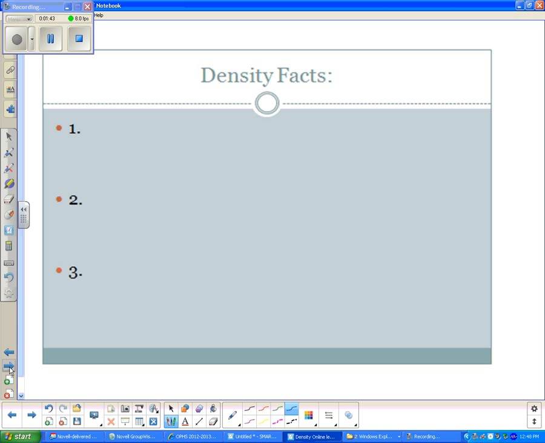A few things you'll want to know about density, or some density facts. This is one of our first tools that we have for identification of a substance. It can be used to identify a substance.